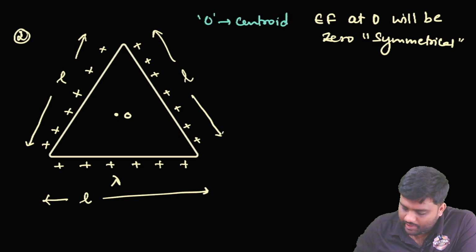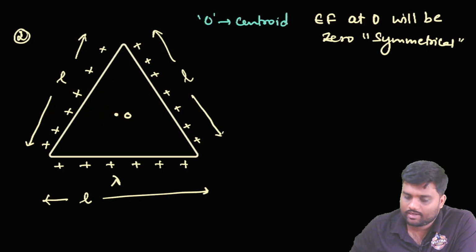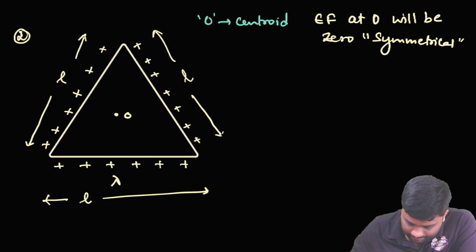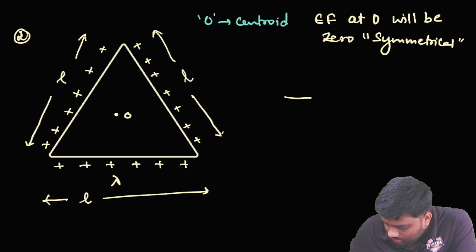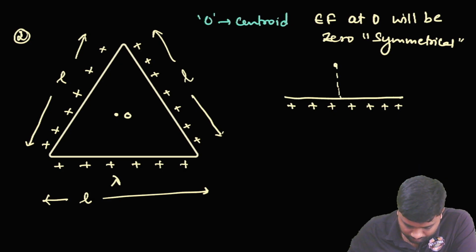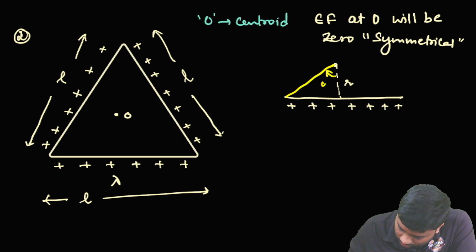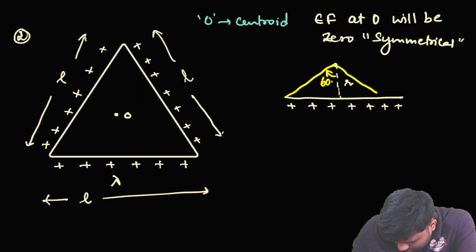See, you need to find the electric field at this symmetrical point at the centroid. If I take one of the charged wires, this is the distance R. From one of the points to this particular point, the angle is going to be 60 degree.